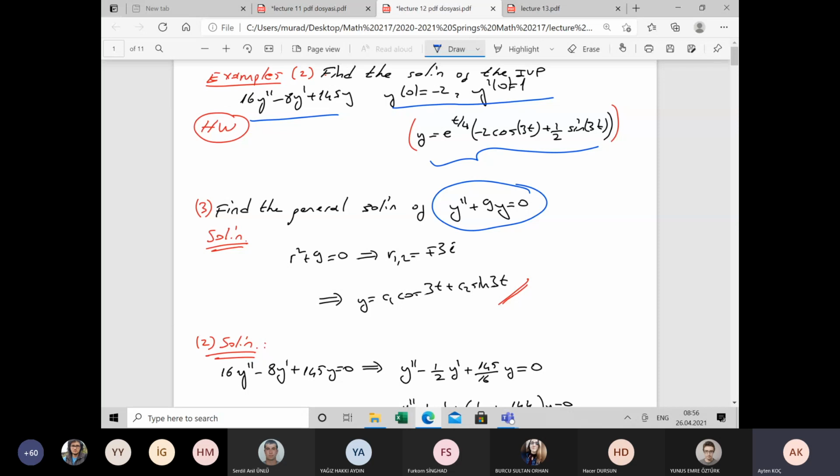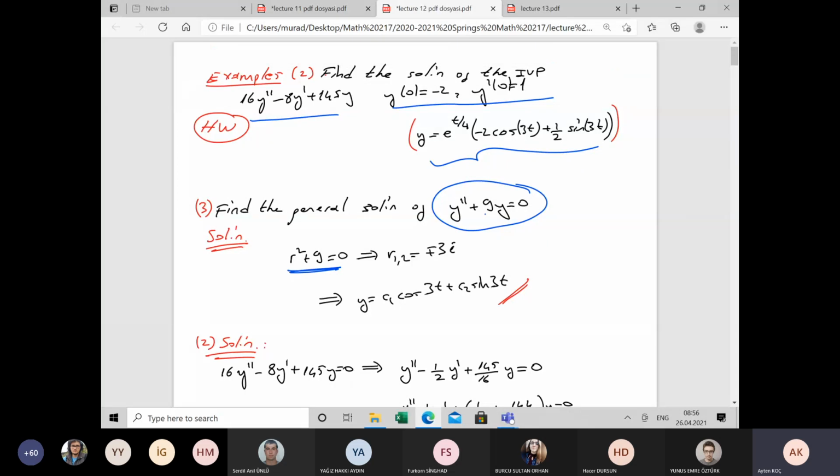Write the characteristic equation: r squared plus 9 is 0. So for r, we obtain this one, and lambda is 0, mu is 3. The general solution y is e to the lambda t, c1 cosine mu t plus c2 sine mu t.